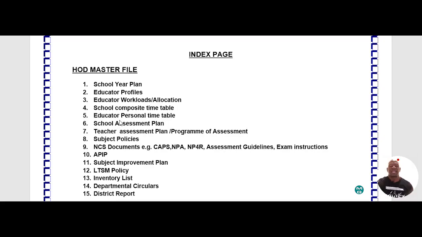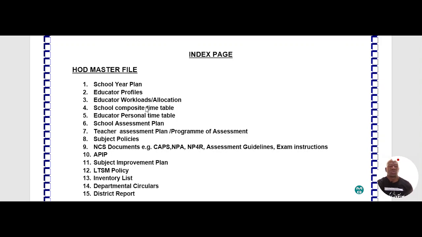So we expect to find the composite timetable, which is going to speak to all the classes that we have in all the grades in the school in terms of the phase that the HOD is heading. So we're going to have that particular composite timetable inserted in this particular space in terms of the HOD file.